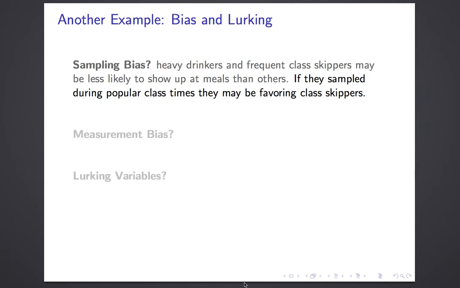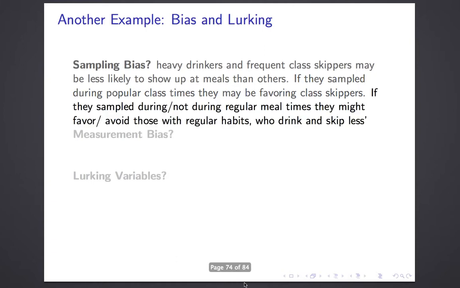You want to give enough information about the sampling process that people can decide what the potential sampling biases are. For example, if they sampled during popular class times, they might have favored class skippers. If they sampled during regular meal times, they might favor people with regular habits who you would guess would drink and skip less.